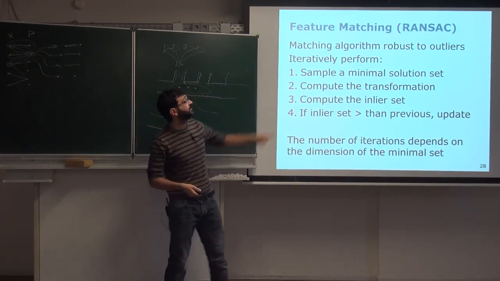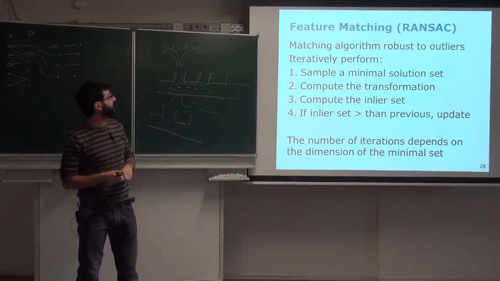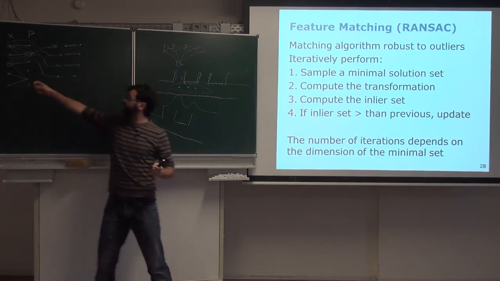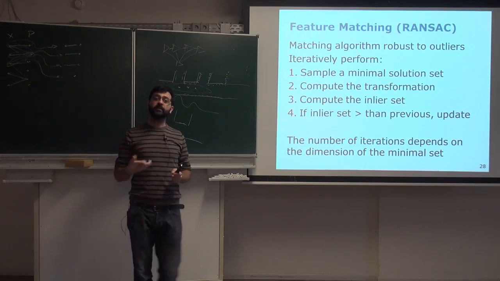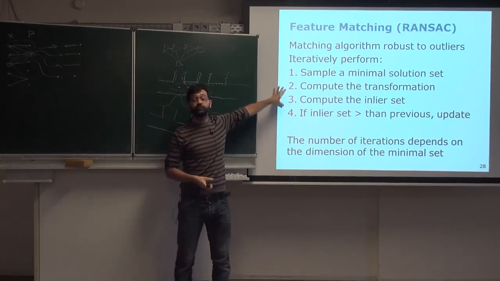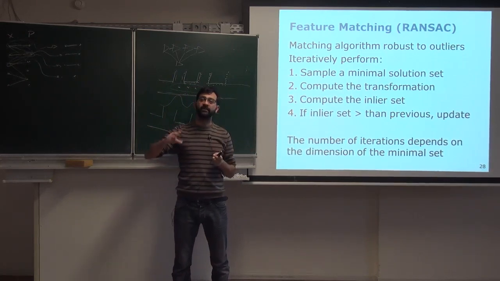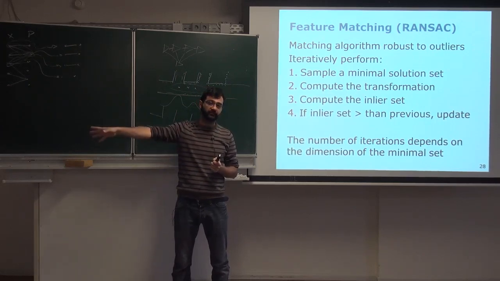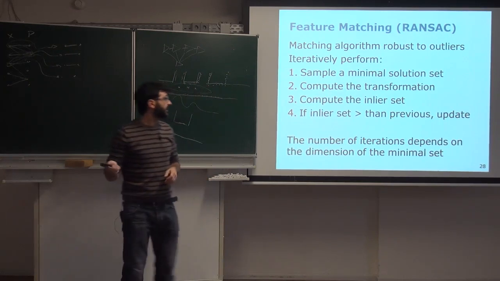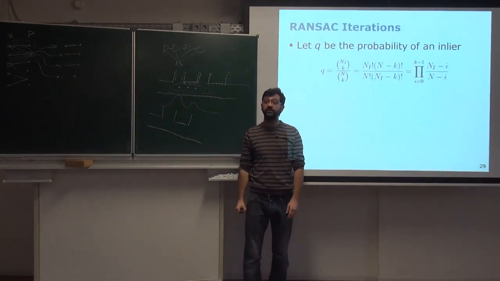And the interesting thing of RANSAC is that you can reason probabilistically on the amount of inliers or the amount of outliers that you have, and you can actually come up with a number of iterations that you need to do, such that you are sure with a certain confidence level that you found the best solution given that the amount of inliers is this, okay? And there is a formula that tells you how many iterations you need to have.